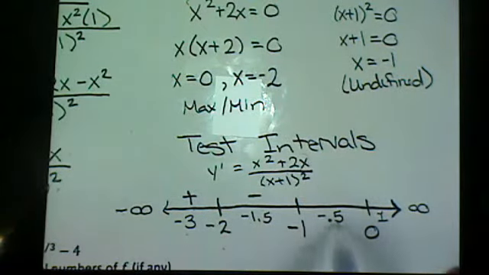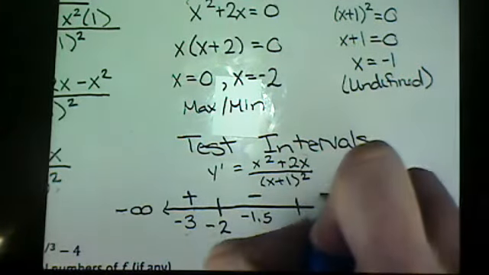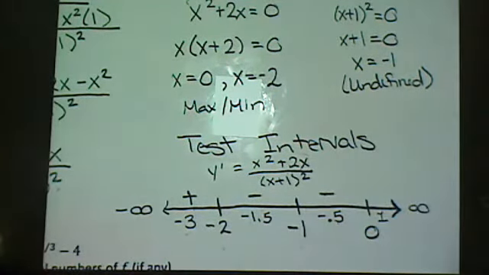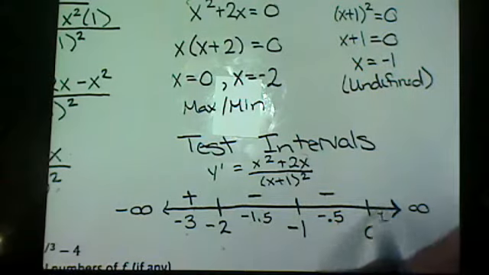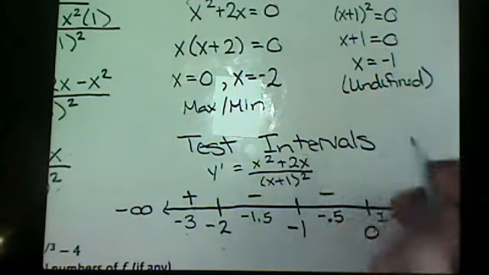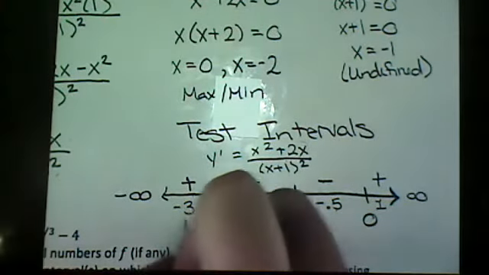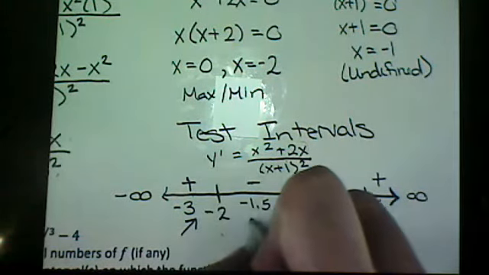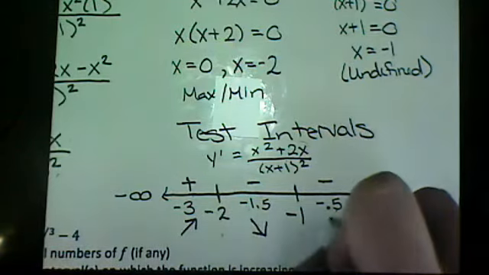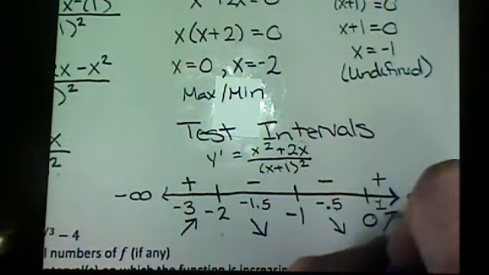When I plug -0.5 in, I also get a negative number. And when I plug 1 into the derivative, I get a positive number. So if I use arrows, it's going up, then down, and then going up.